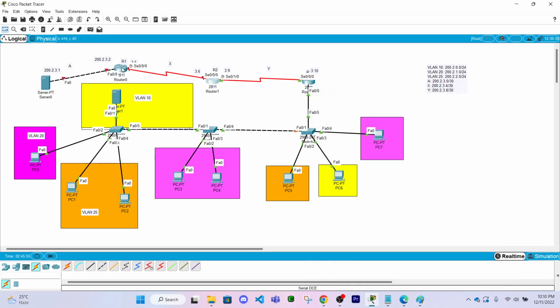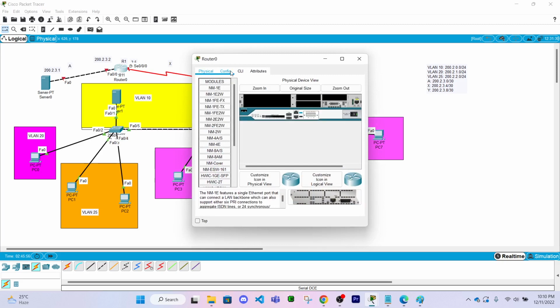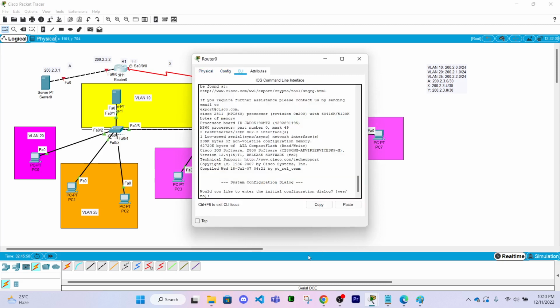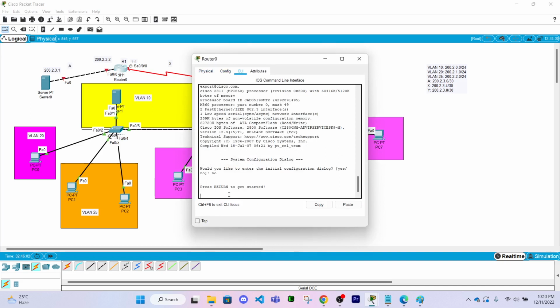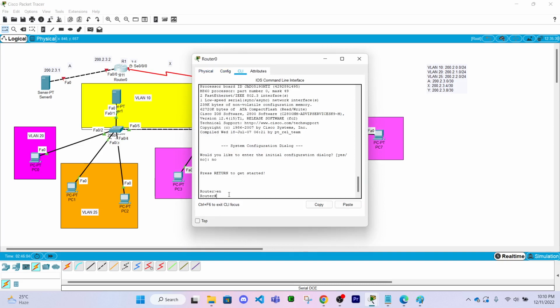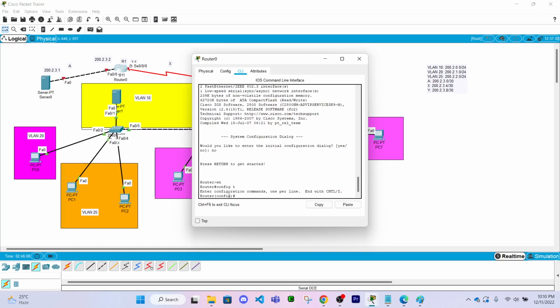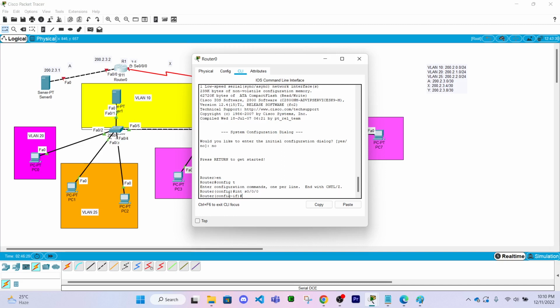Then for Router 1 CLI, enter, enable, enter, then the interface name here is 0/0/0.